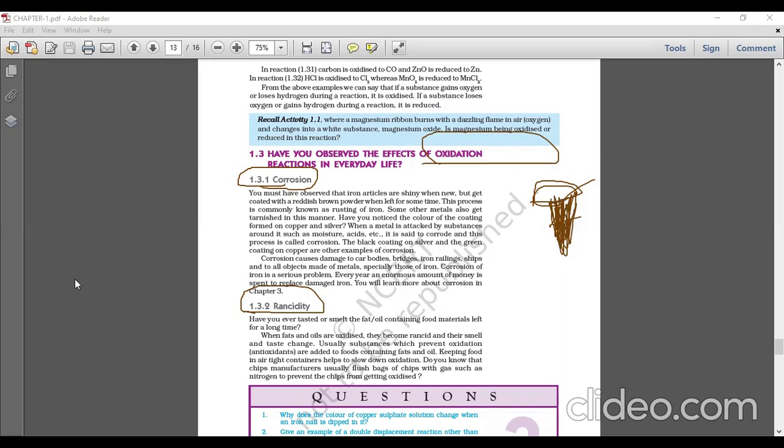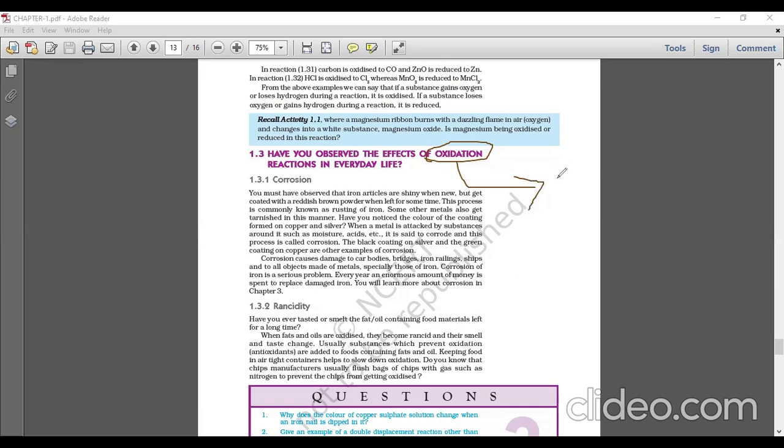So all these are the effects of oxidation in daily life. That is why the iron nail changes color. If copper reacts, its color changes to light green. Why does this happen? Because they are exposed to oxygen, they are getting oxidized. So what are the effects of oxidation?